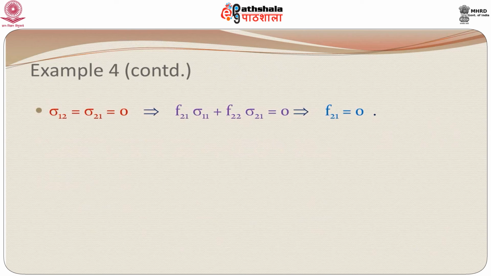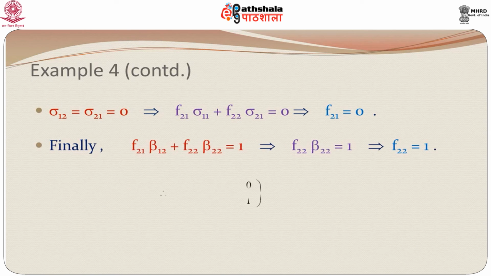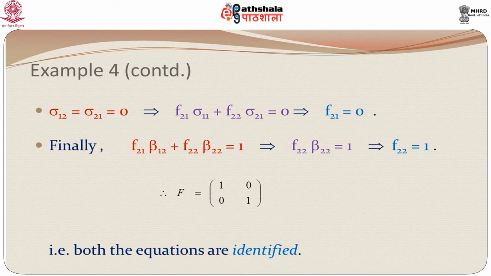Also, if we look at the condition of beta 22 is equal to 1, then we have f21 beta 12 plus f22 beta 22 equal to 1 in the FA matrix, and this translates to f22 beta 22 equal to 1, because f21 is equal to 0, and since beta 22 equal to 1, f22 becomes equal to 1, and F matrix becomes 1 0 0 1, that is, both the equations are identified.